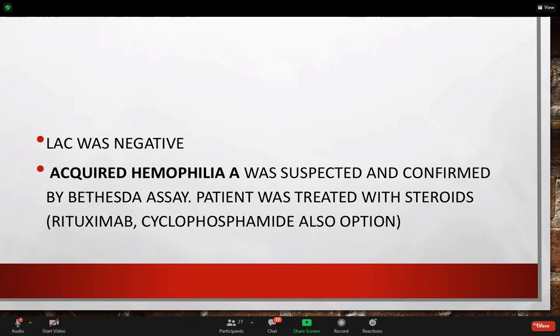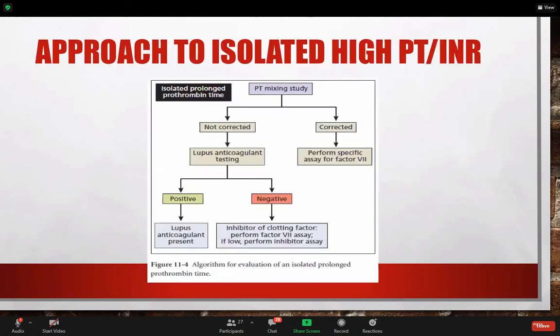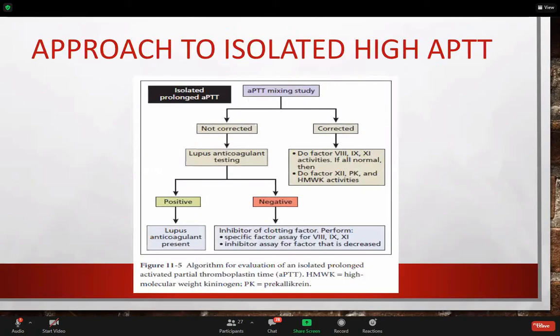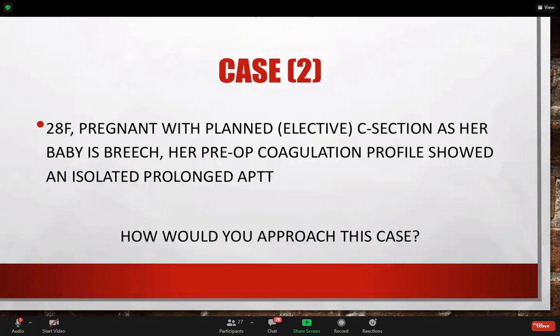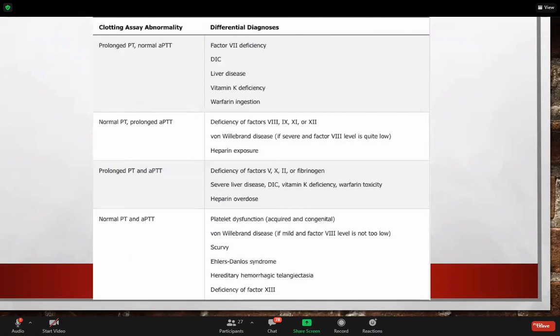Is the approach to PT and APTT more clear now, guys? Hopefully. If you master this slide about PT, and the approach to APTT is similar, and you remember this, you're going to be in very good shape.